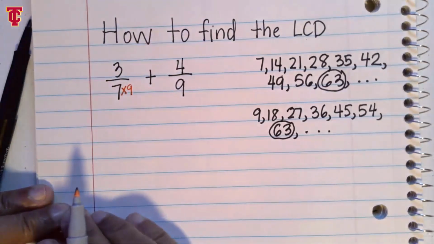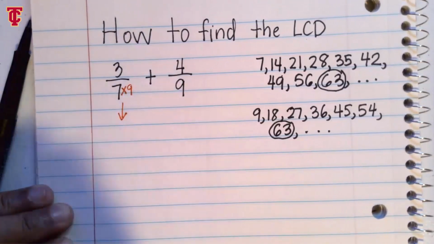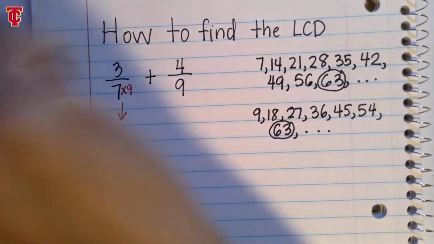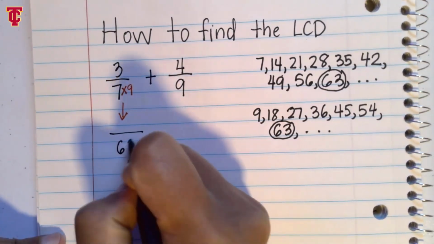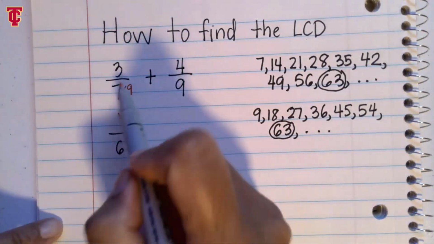Let's put an arrow down here and say, all right, so basically 7 times 9 will equal 63. So I'm just going to put in my fraction and I'll put in 63 for my denominator. Good.